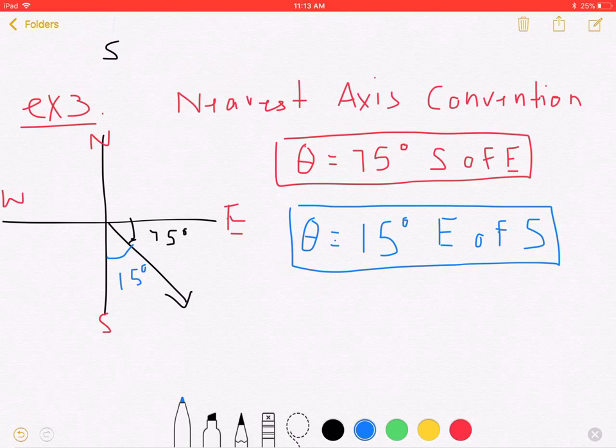Okay, so let's try one more, example 4, using the nearest axis convention for measuring theta.